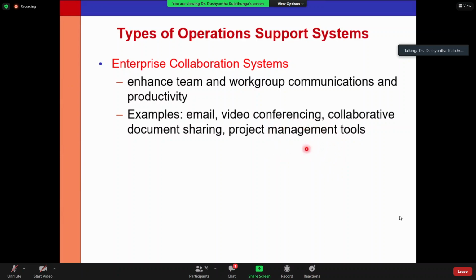As I mentioned earlier, there can be different teams or groups working on specific projects of an organization. And then they may use some specialized project management tools, helping them to manage their project and enabling them to monitor the progress of the project from time to time, and maybe to replan their tasks depending on their progress, and to ensure that they can finish their project on time. So different specialized project management tools can be utilized there.